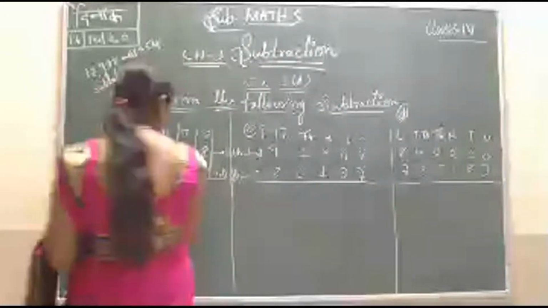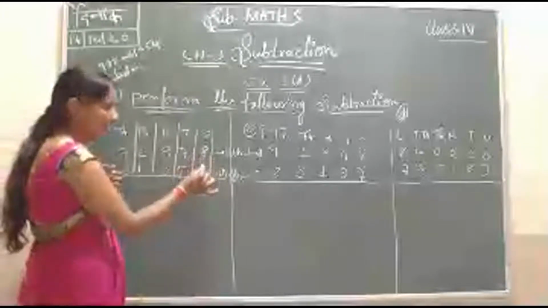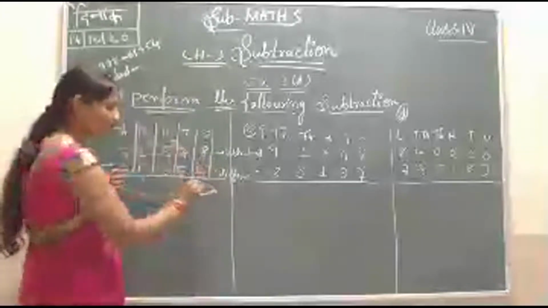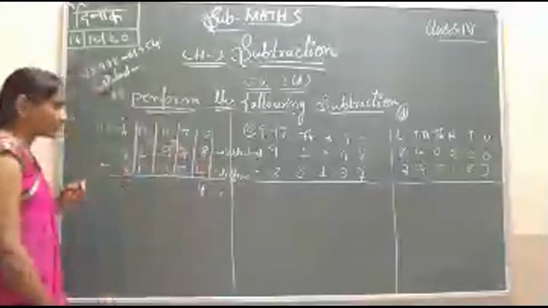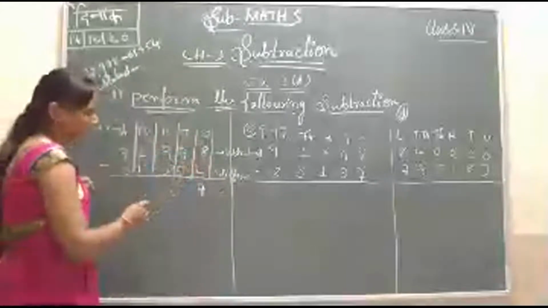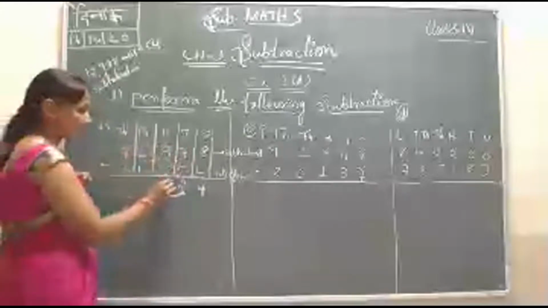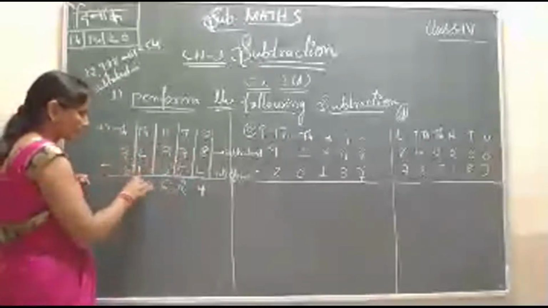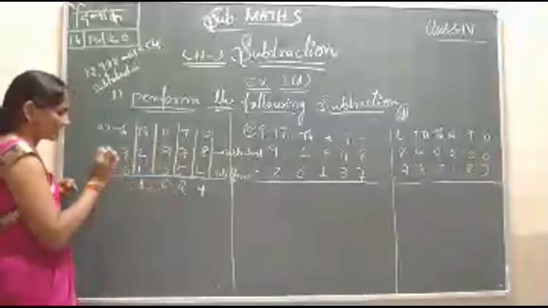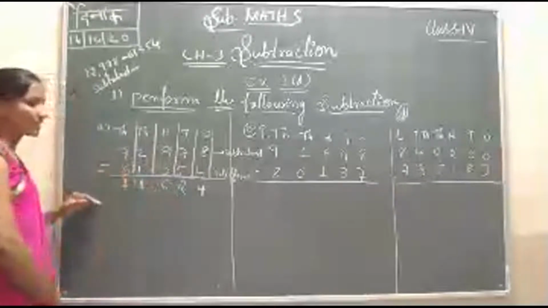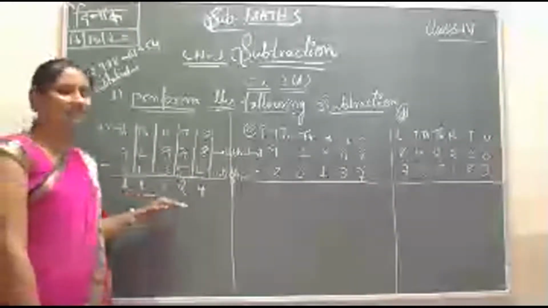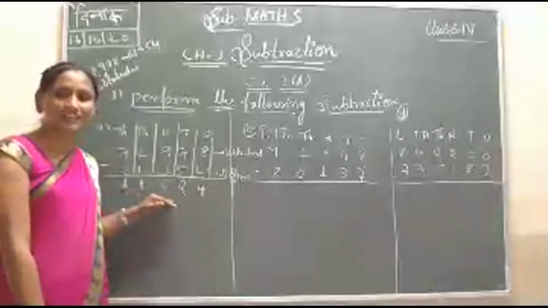How to solve it? 8 minus 4, the remainder is 4. Next, 7 minus 5, 2 is left. 9 minus 3 is 6. 2 minus 1 is 1. 6 minus 1, what is the answer, students? 11,624 is the answer.